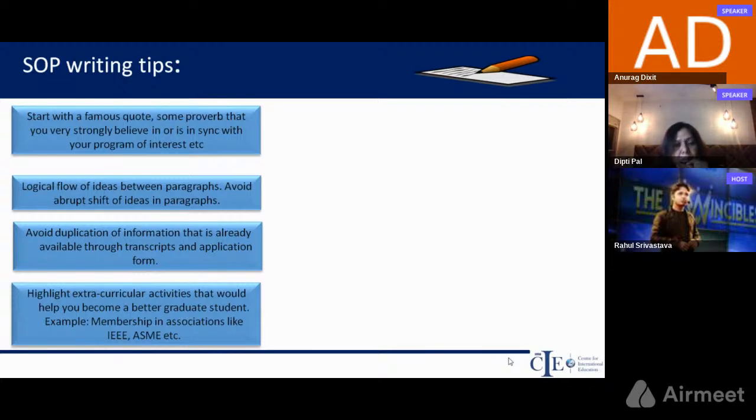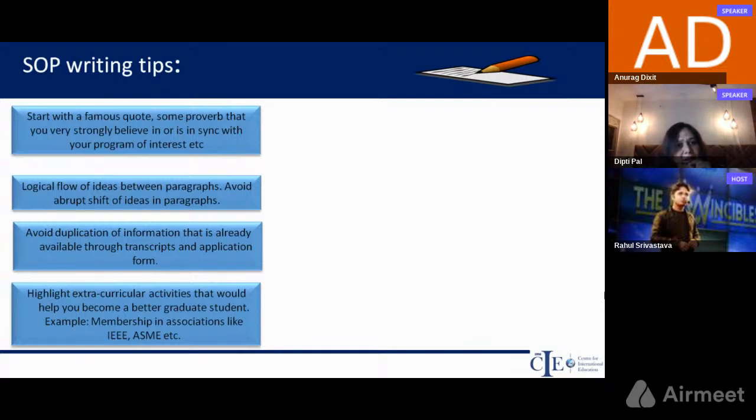But if you are always in the top 5% of your class, if you have amazing academic grades, then you can mention that you've always been in the top 5% of the class, always been a rank holder. Maybe you can word it like that. That's what we would suggest.